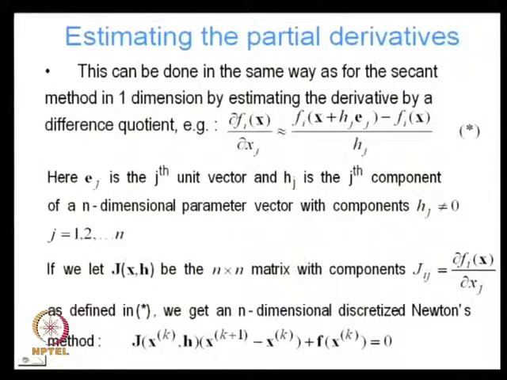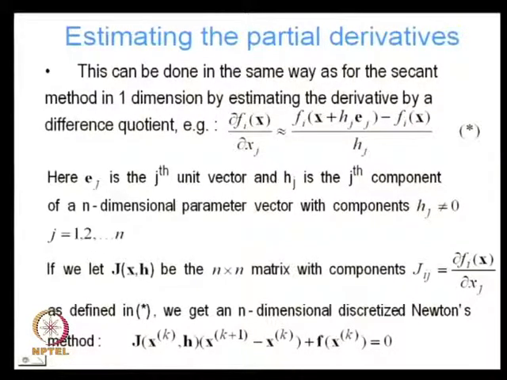And how am I going to do that? Well, I am going to say that my del fi del xj, my partial derivative of function fi with respect to my independent variable xj, is approximately equal to fi of x plus hj times ej. What is ej?